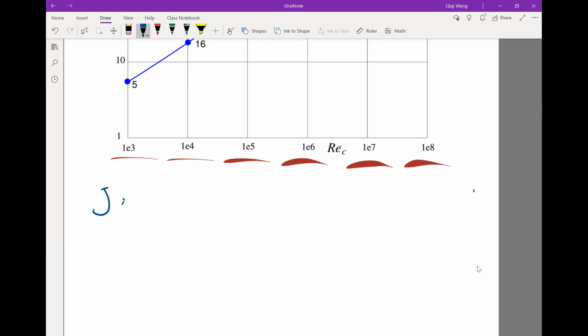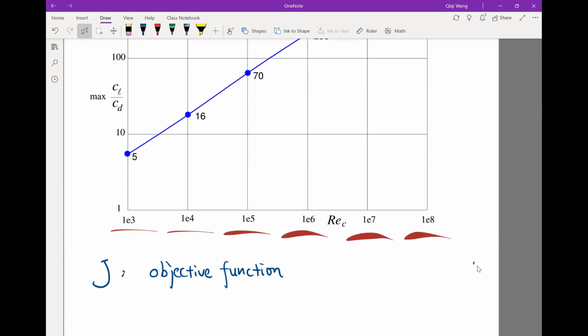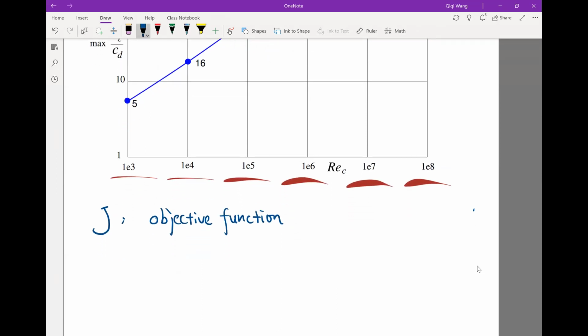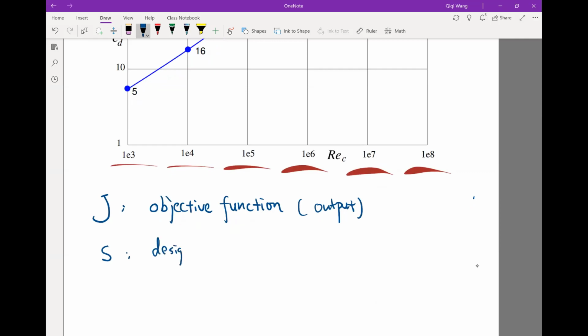In design optimization, we call J the objective function. In the case we are looking at, the objective function is the maximum lift over drag. And S are the inputs. J is the output, and S is the input. We call them the design variables, and in design of experiments they are called the control factors, things you can control.